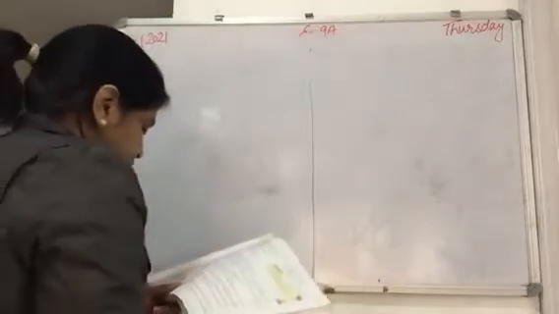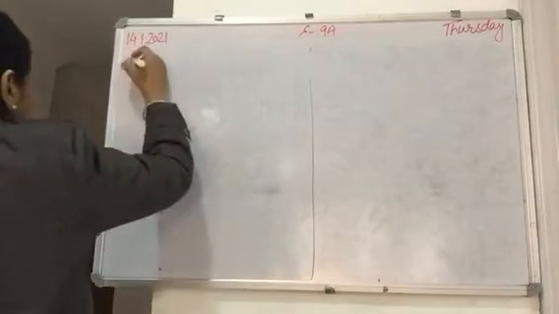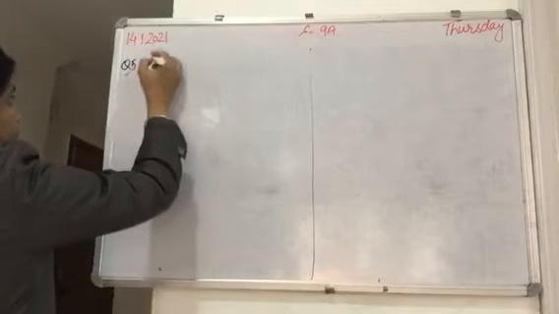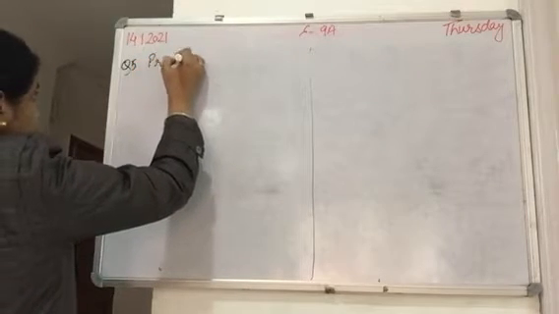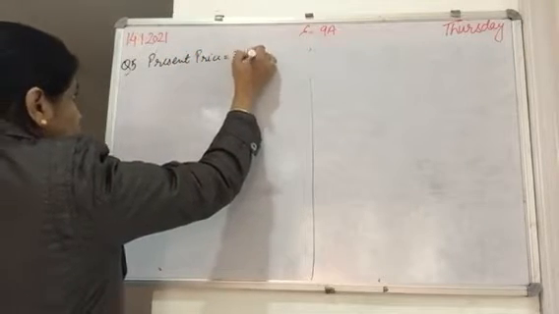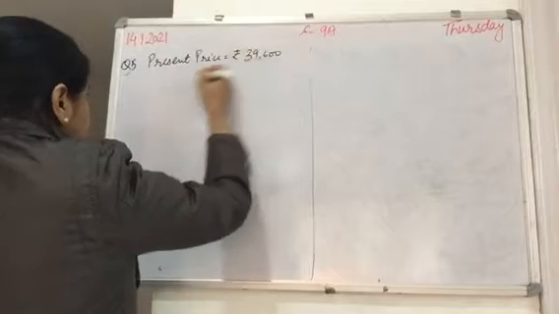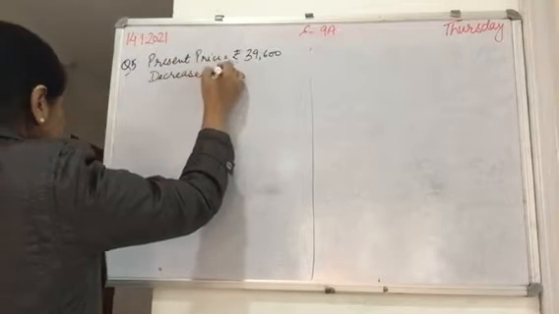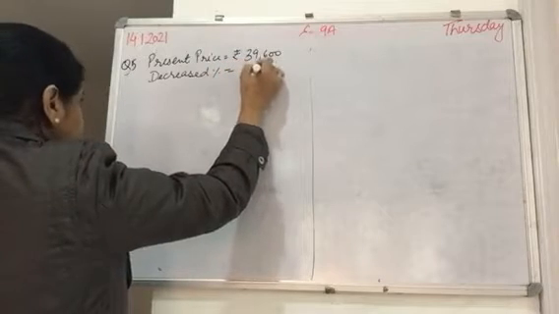Now question 5 says, the present price is rupees 39,600. The decrease percentage is how much? 12%.